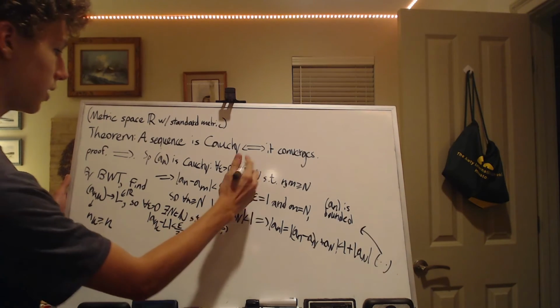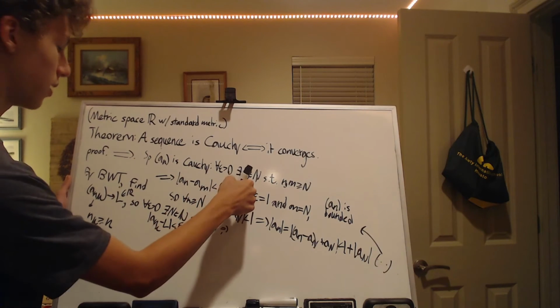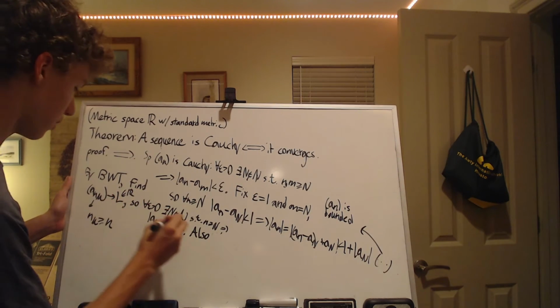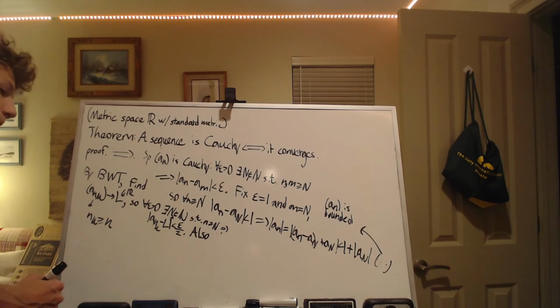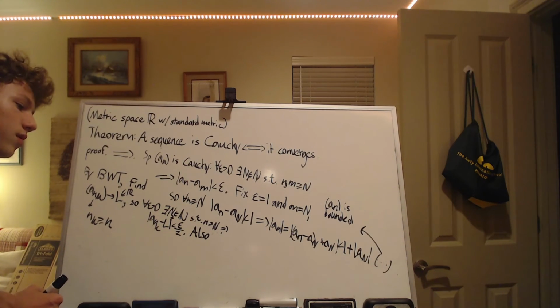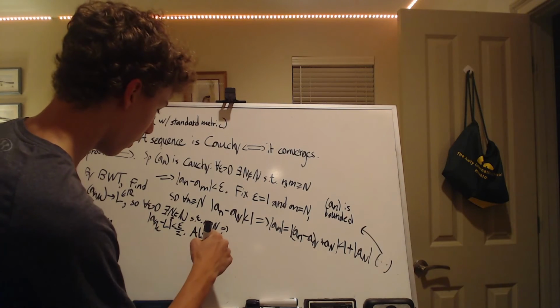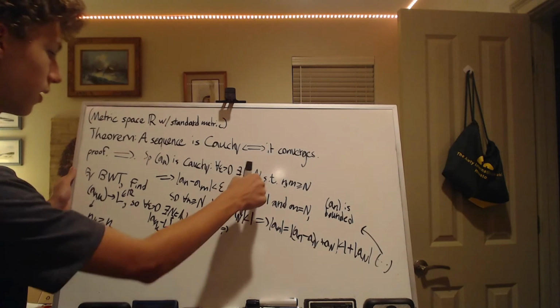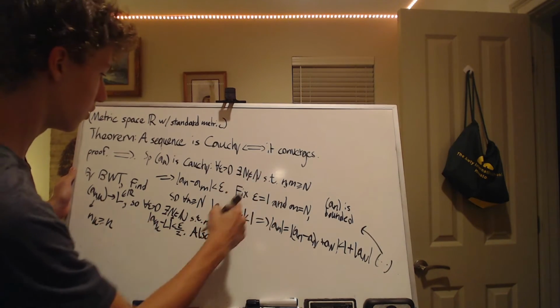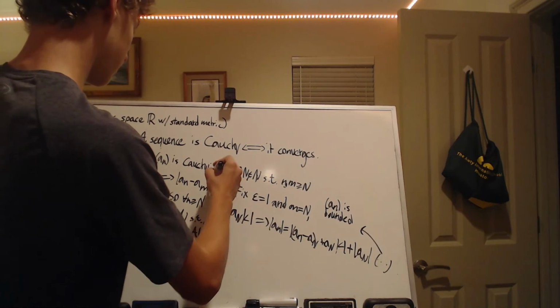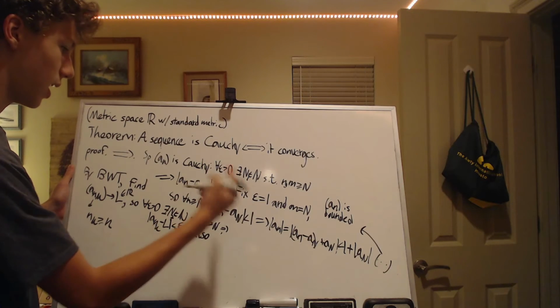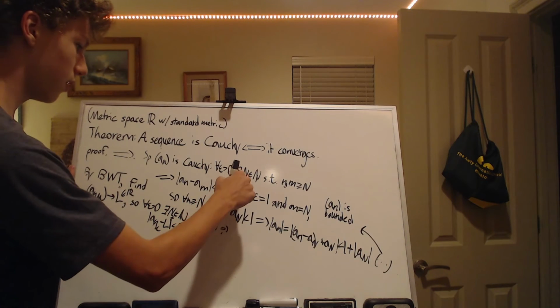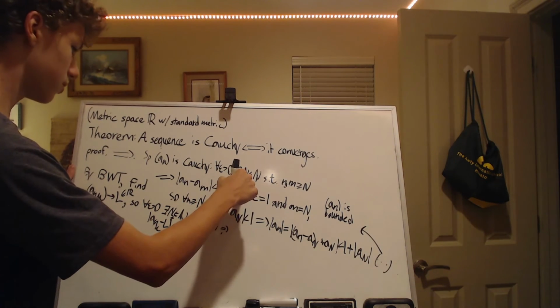So capital N here, I'll say this is n1. This should be n2. You've got to be careful here. Also, we have this result applied to m equals n sub k. I'll just use n1.